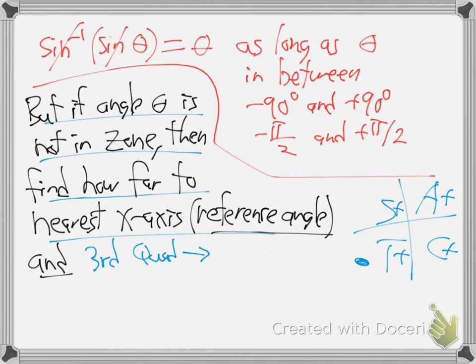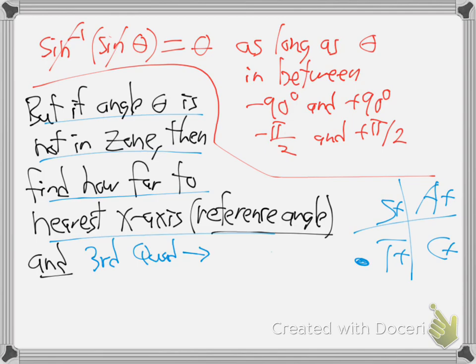All are positive in the first, sine is positive in the second, tangent and cotangent are positive in the third, and the other four are negative. In the fourth quadrant, cosine and his upside down, secant, are positive, the other four are negative. So say you're in the third quadrant. Suppose somebody gives me some angle, 210 degrees, in the third quadrant. Is sine positive or negative there?